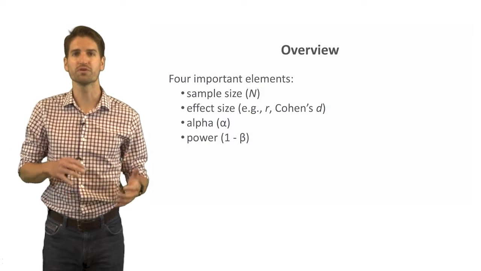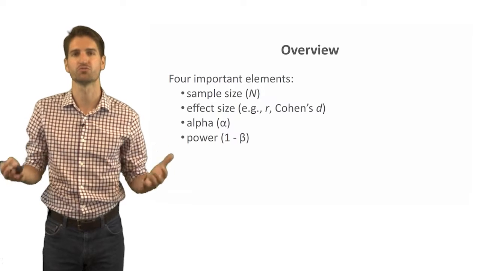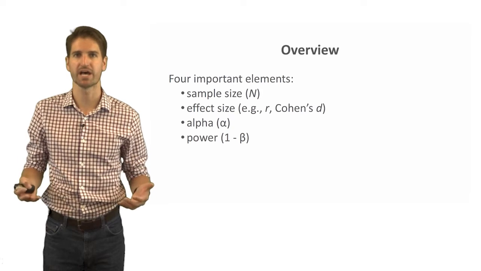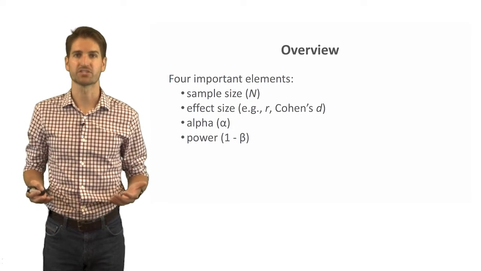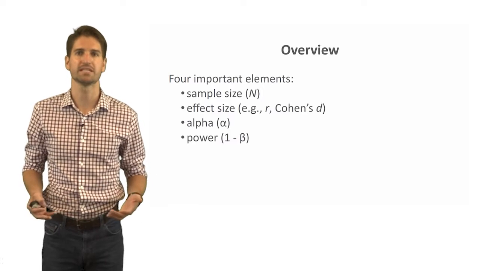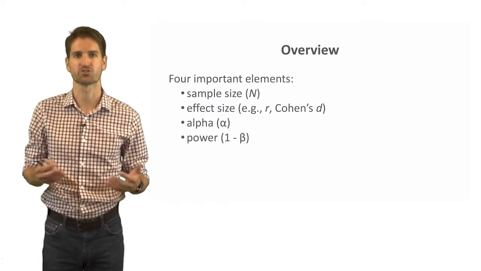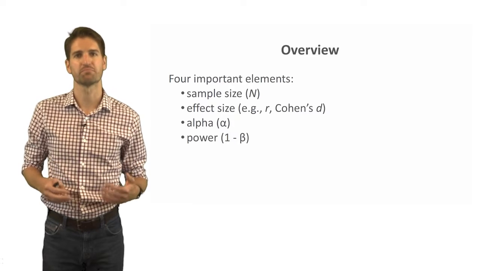So there's four important elements or components of statistical power, or that fall into, more broadly, a statistical power analysis. And these are the sample size of your study, which is represented by N, the effect size. So if you think about effect size, these are those standardized metrics such as Cohen's d, a correlation coefficient, Cohen's f, the r-squared value, and so on, as well as two other elements called alpha and power.